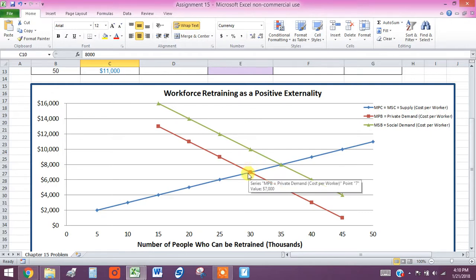So we just simply need to know what these numbers are, and we can see that the base of this triangle is 30,000 to 35,000. So the base is 5,000, and the height here is 7,000 up to 10 right here.